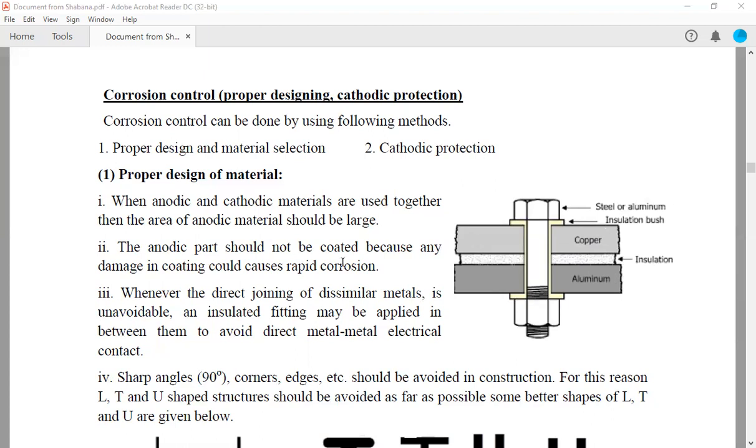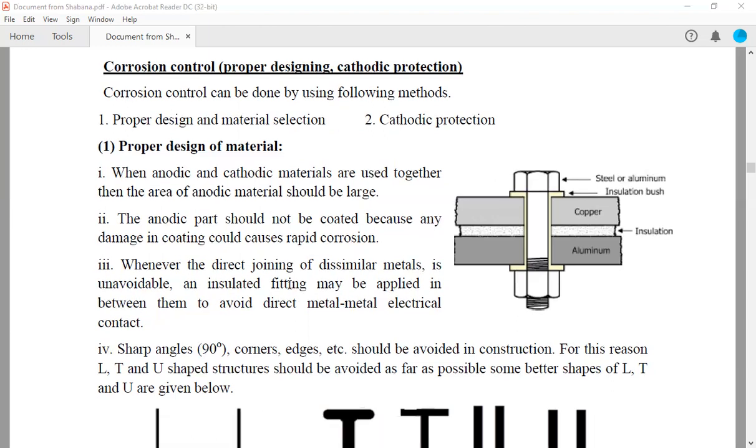The anodic part should not be coated, because any damage in the coating could cause rapid corrosion. Whenever the direct joining of two dissimilar metals is unavoidable, an insulated fitting may be applied.